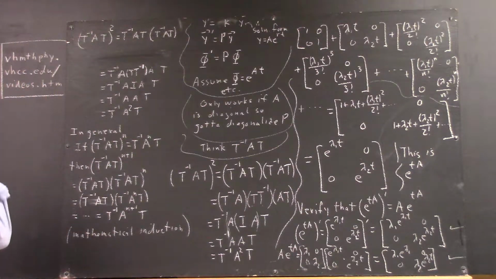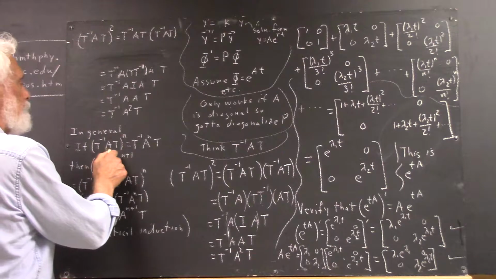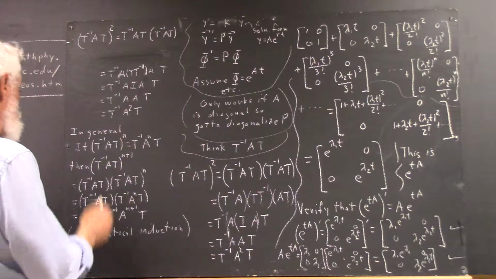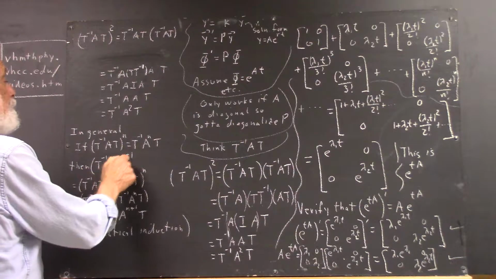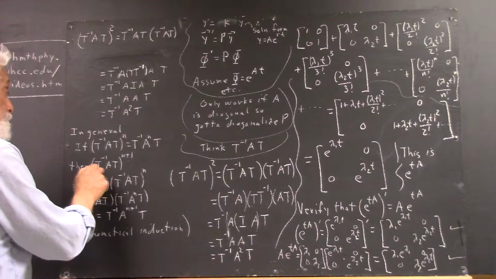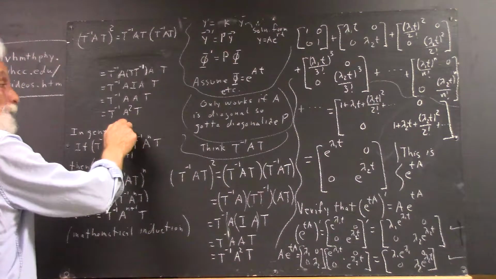So what do we say? If T inverse AT raised to the n is T inverse A to the n T, then T inverse AT to the n plus 1 is what? Well, it's T inverse AT multiplied by T inverse AT to the n.